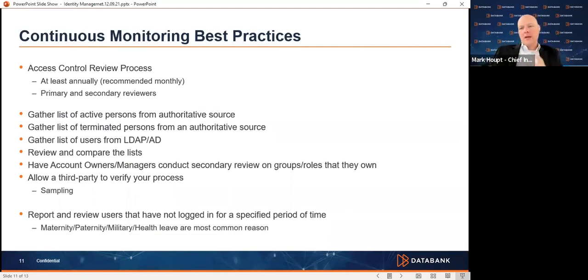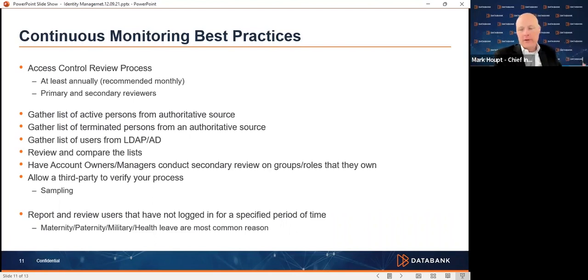And then we take that list and we manually go to the account managers as secondary reviewers. And we say, okay, all of these people are people who report to you in your department. Should they still have access within the systems? And by the way, while you're looking at that, they also have these groups or these access control lists that are in place. Are these valid as well?